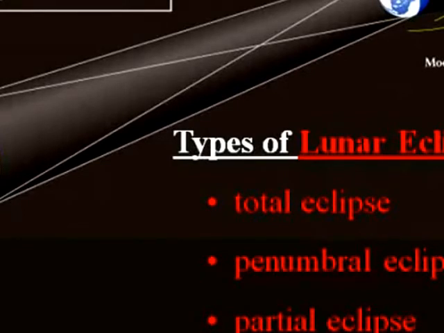A total eclipse is when the moon starts into the penumbra and then it goes into the umbra and is in there for about an hour. And the moon looks a little coppery color. For us, this is not its natural color. This is because some of the sunlight actually gets refracted around the Earth.